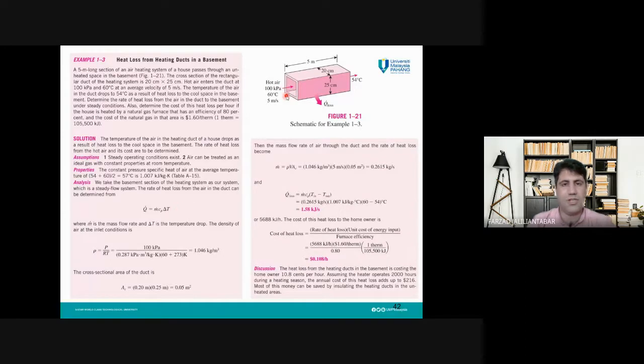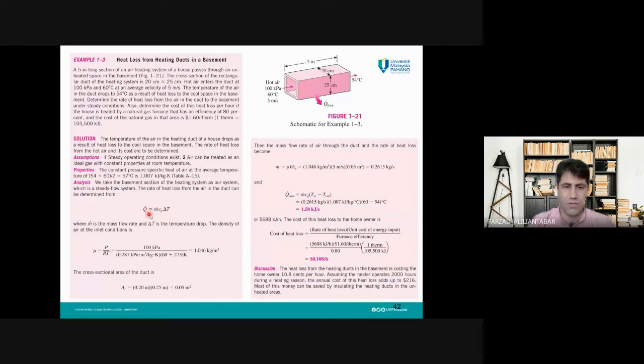The pressure is given, and during this process, pressure doesn't change with time. And if you remember, for steady flow examples for a control volume, we need to use this equation to calculate the heat transfer.